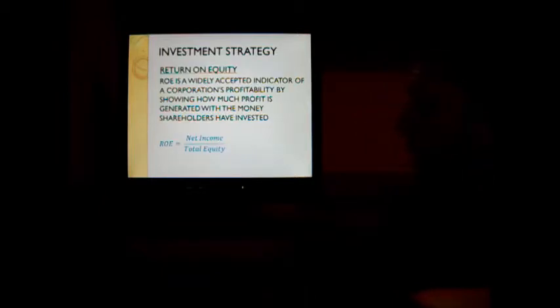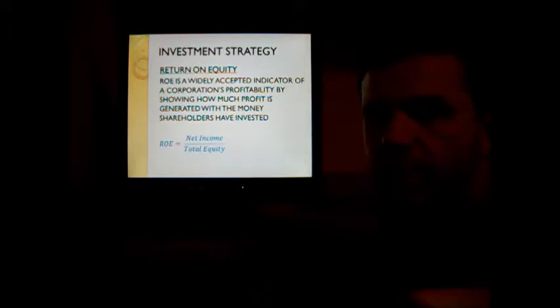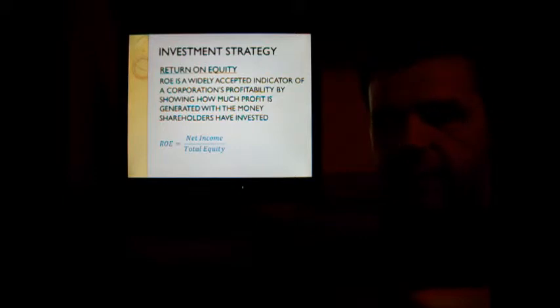A little bit about return on equity. As we've learned, return on equity is a widely accepted indicator of a corporation's profitability, showing how much profit is generated with the money the shareholders have invested. The equation for ROE is net income over total equity. We've discussed in class that Warren Buffett looks for this as one of his main things when seeking investment opportunities, and Dr. Cresson has touched on this several times.